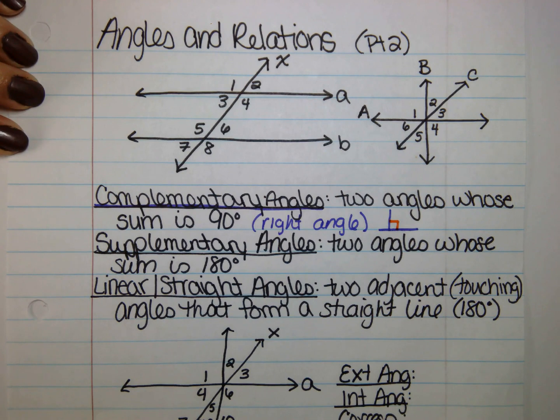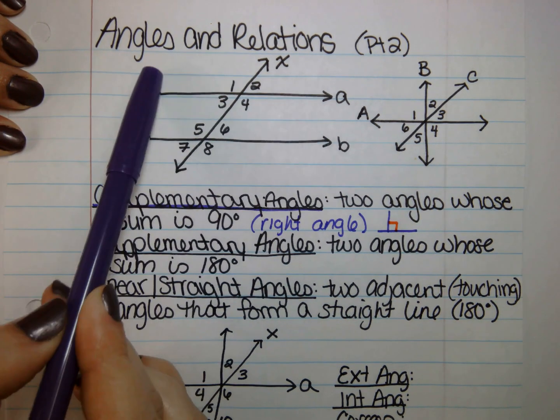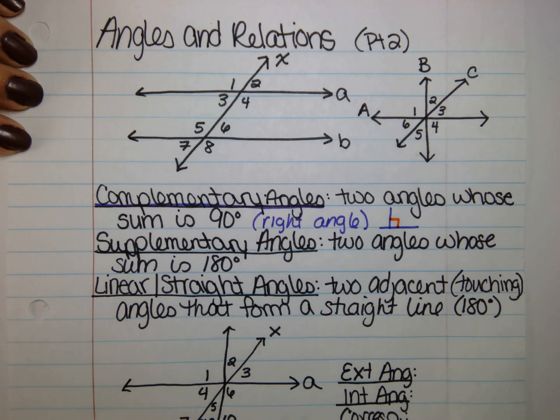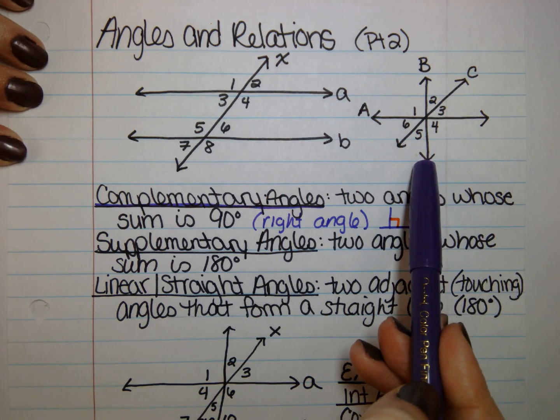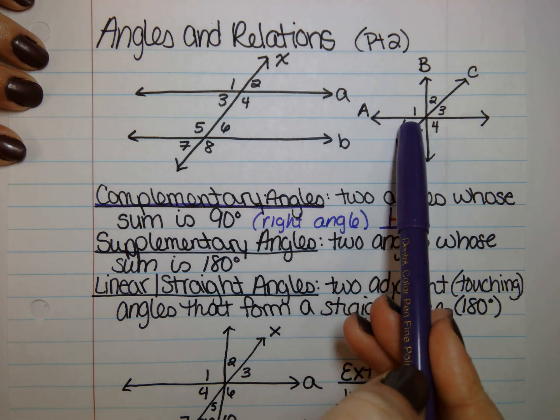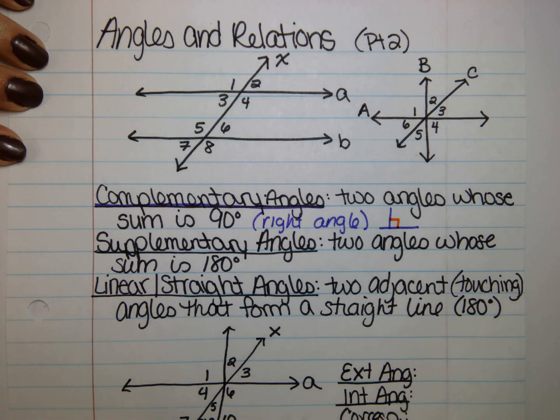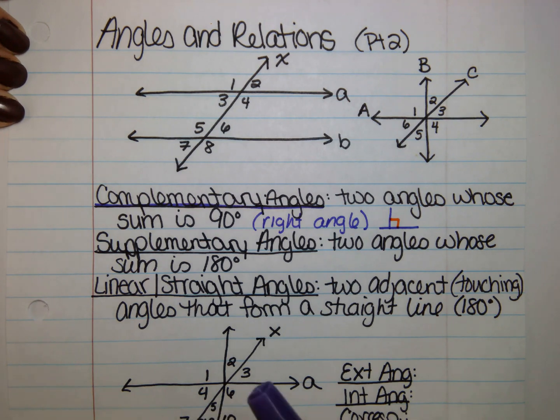So when I'm looking at this first example from the previous video, you can see that I don't have any 90-degree angles, which is why I wrote down the second little diagram. If I have two perpendicular lines, A and B, perpendicular means that they cross and form exactly 90-degree angles.